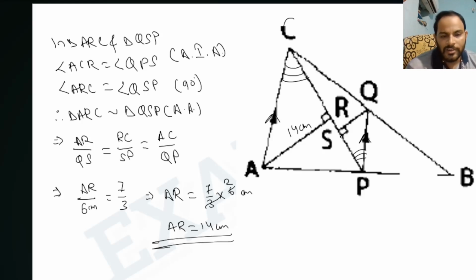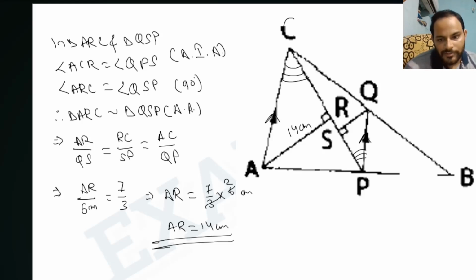I hope you understood how we use the concept of similarity, how we made two triangles similar, and after making them similar, what information we can gather. If two triangles are similar, then their corresponding angles are equal and the ratio of corresponding sides are also equal.